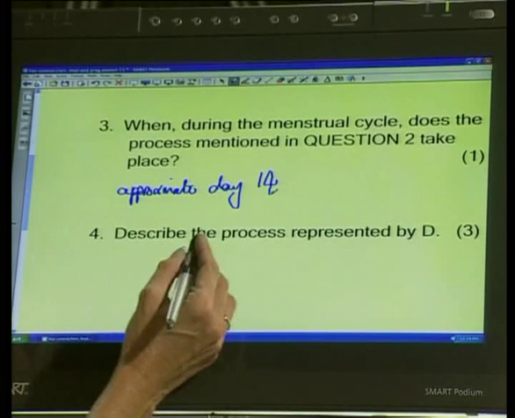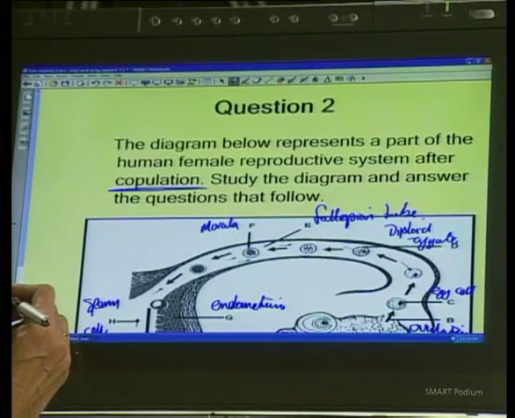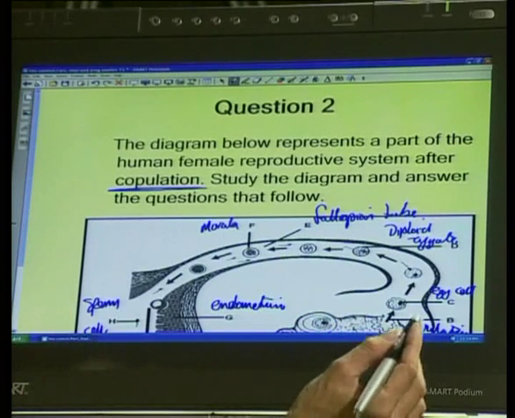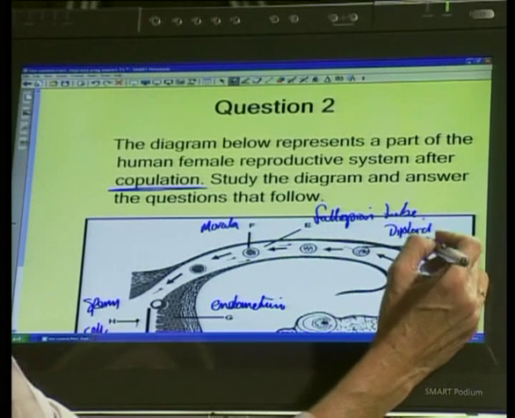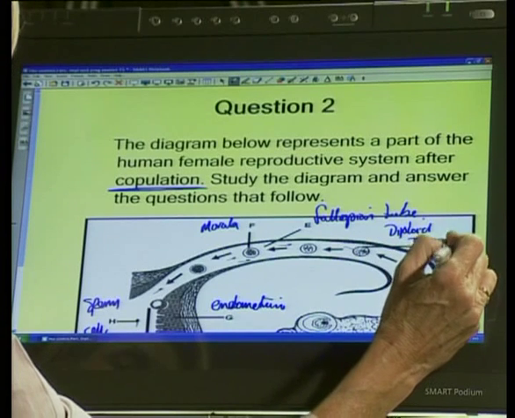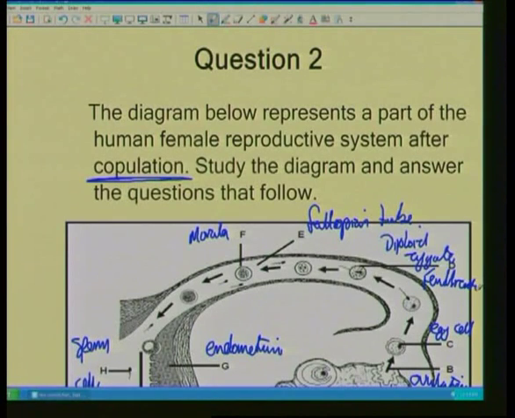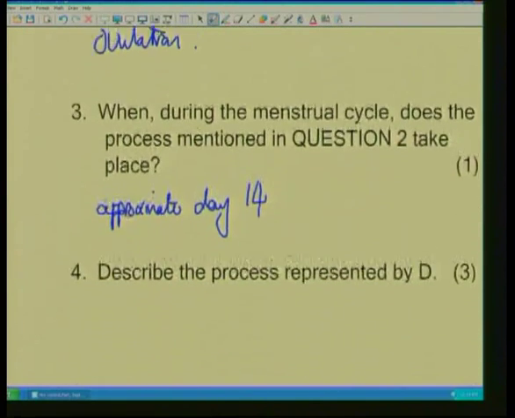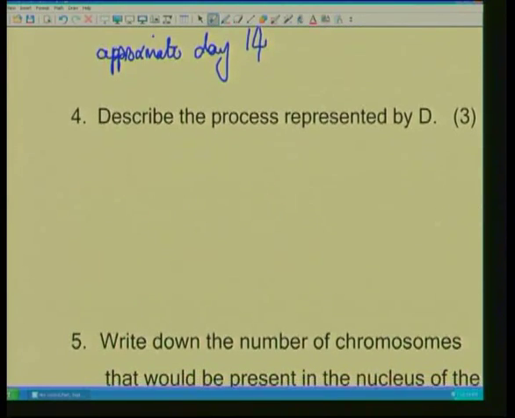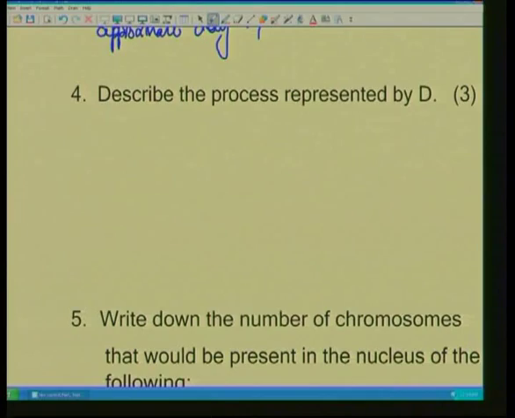Now describe the process mentioned by D. There we have a diploid zygote, so if it's a process, it would be fertilization. So describe the process represented by D. It is fertilization. And what happens at fertilization?